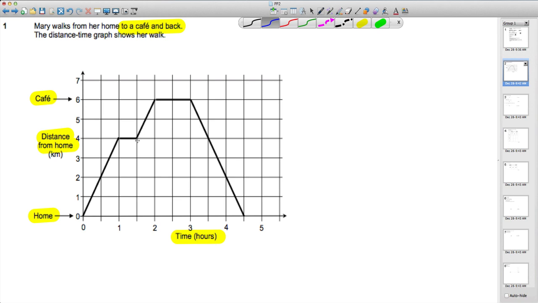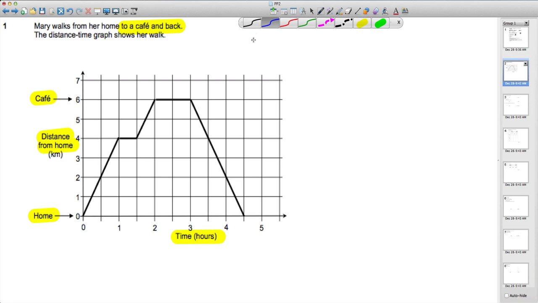Then at 1:30 she starts again and walks to the cafe, which is a further 2 kilometers away, and it takes her half an hour. At 2 o'clock she stops for an hour at the cafe, and then in one go, in 1 hour and a half, she walks directly back to her house, again at a constant speed.